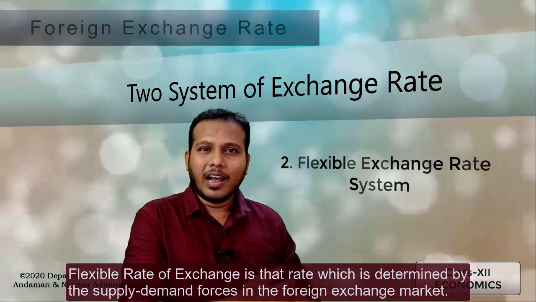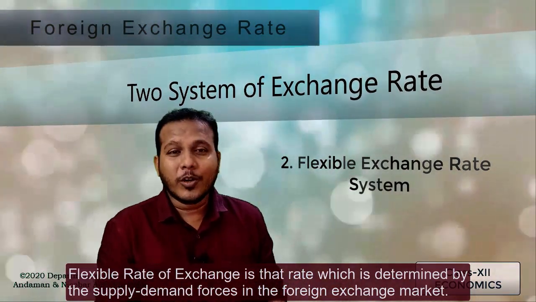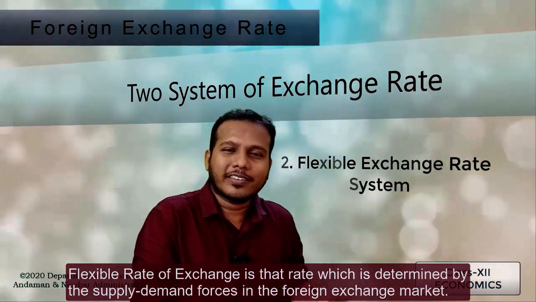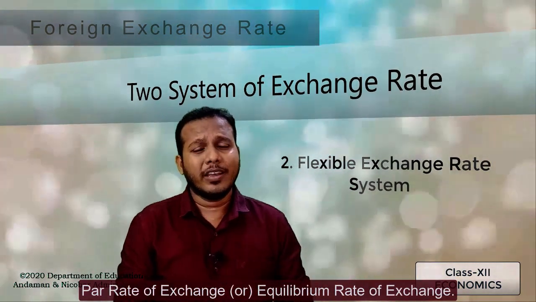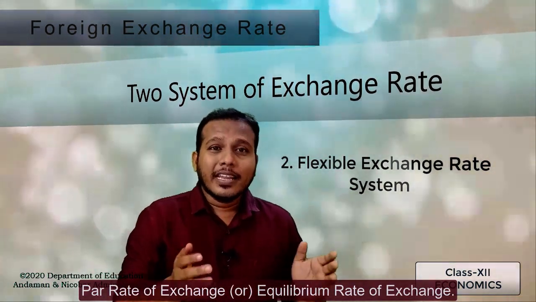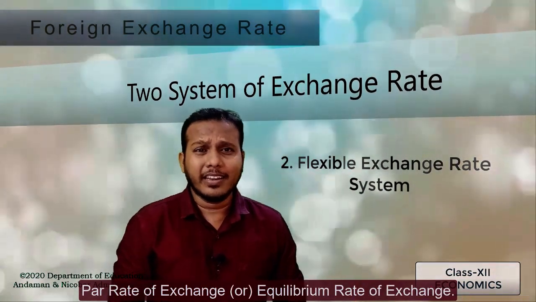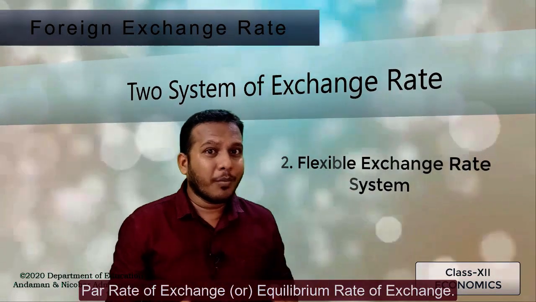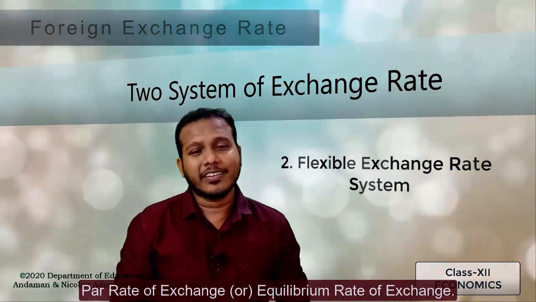Now we will learn how a country's currency value is fixed according to the demand and supply of foreign currencies in the foreign exchange markets. It is also called the par rate of exchange system or the equilibrium rate of exchange system. Now we will study in detail how the equilibrium rate of exchange can be determined by the demand and supply of foreign currencies in the foreign exchange market.